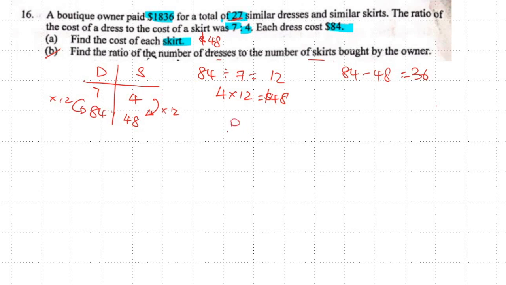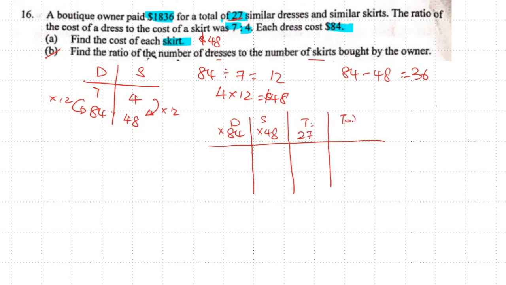Because my dress is times 84, my shirt will be times 48, right? Total I should have 27, and then the total cost should be 1836. Okay.